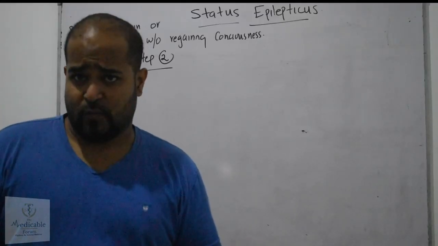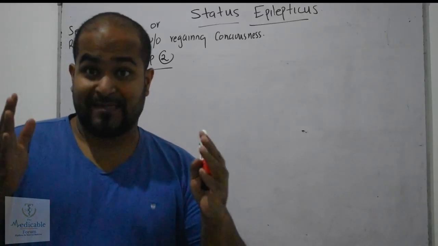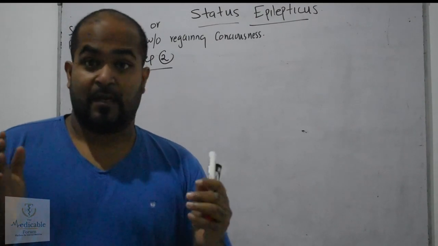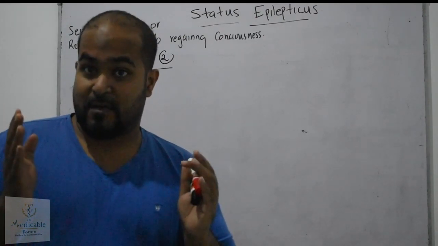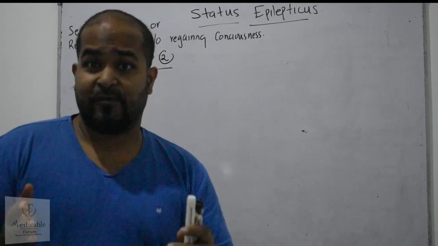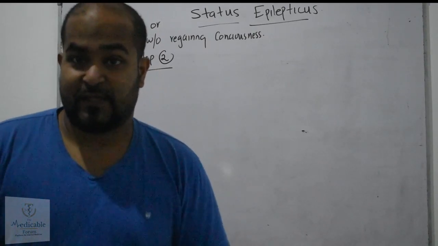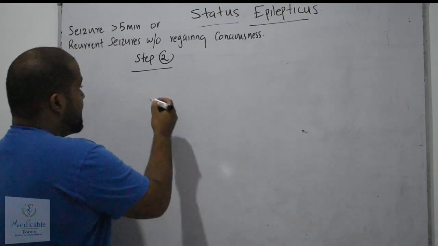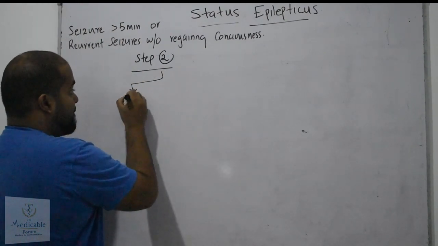Now what is step 2? Step 2 of the treatment of status epilepticus is you need to start him on a drug which will try to stop the seizure, right?